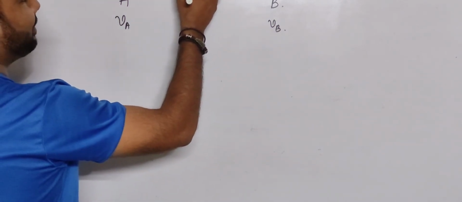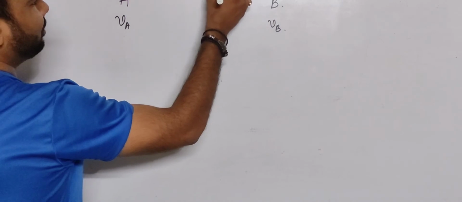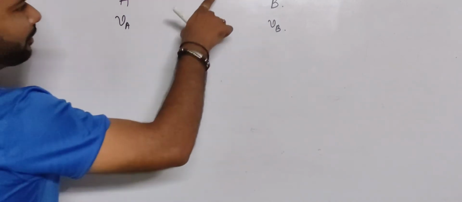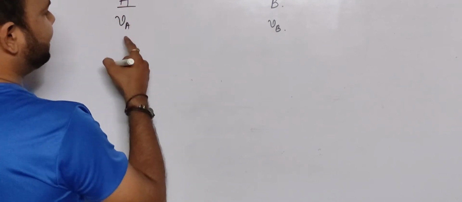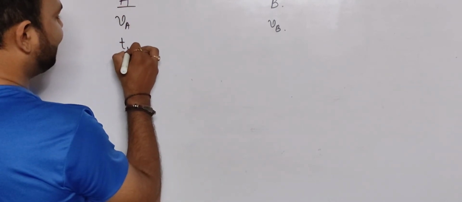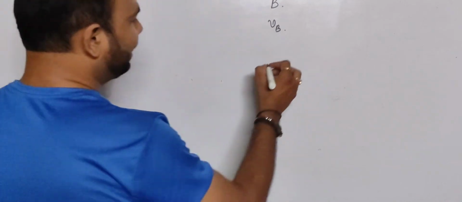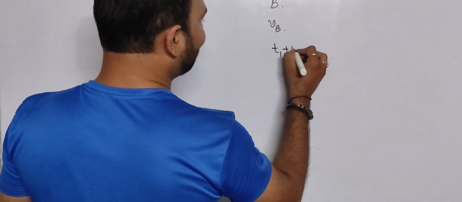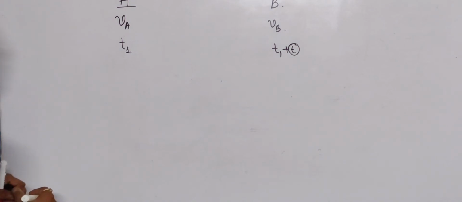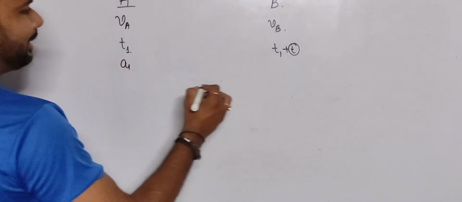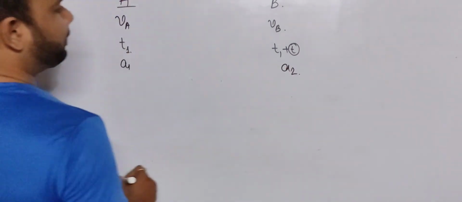That means VA minus VB equals v. We have to find this v. Since car A is faster, it will take less time. Let us consider this is t1 time, and the other will take more time. The time is t1 plus t. This t is given in the question. Accelerations are a1 and a2.